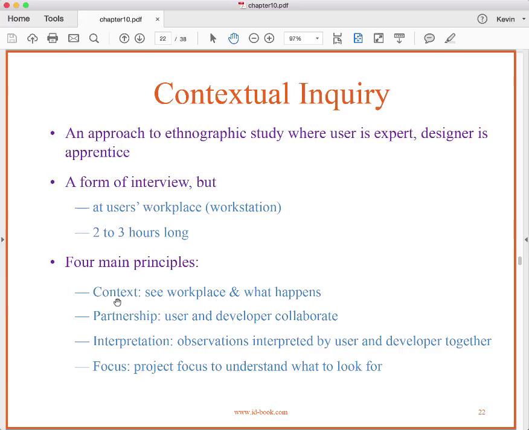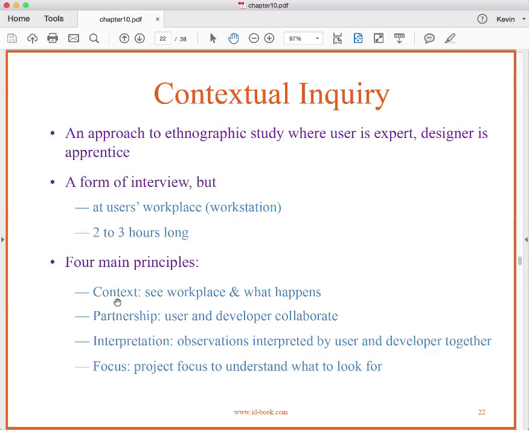You're not worried that your talk with the user is going to somehow color their view. What you want it is to more likely color your view. Okay, but you can ask for a clarification. You can suggest alternative interpretations of what you see, and you see what kind of feedback that you get from your partner. Interpretation: the observations are interpreted by the user and the designer together.